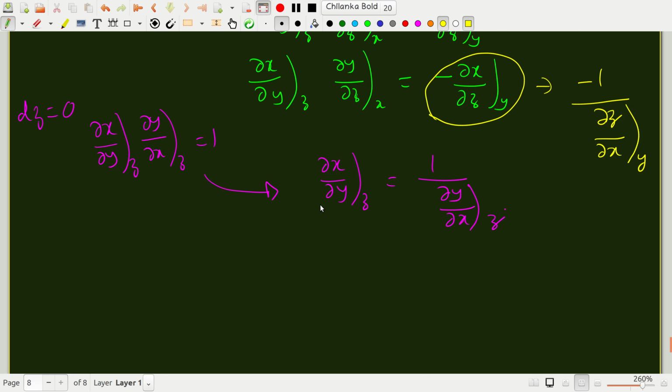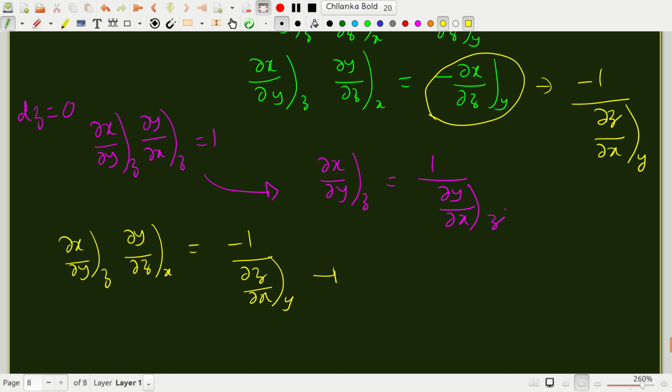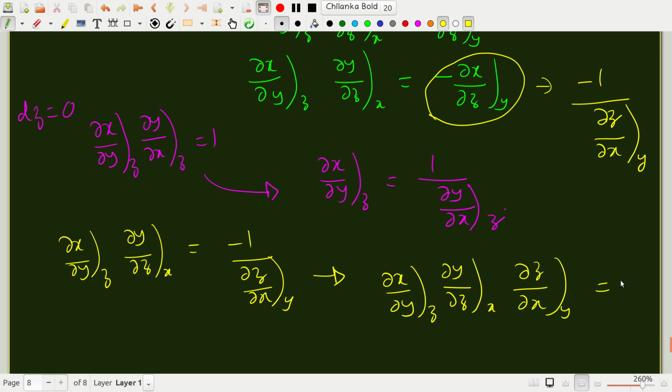And so what I'll essentially end up getting is partial x partial y at constant z partial y partial z at constant x is minus 1 over partial z partial x at constant y. If I take this to the other side, this gives partial x by partial y constant z partial y by partial z constant x partial z by partial x at constant y is minus 1.